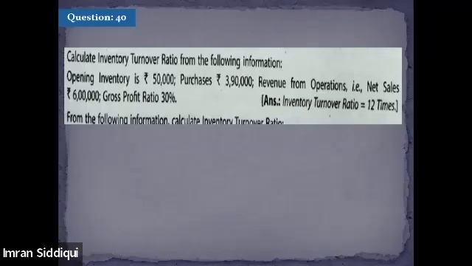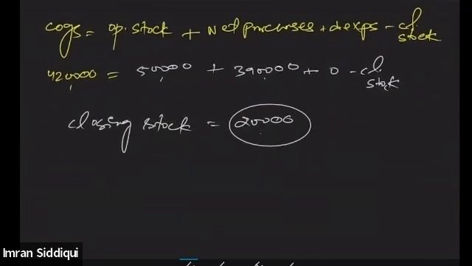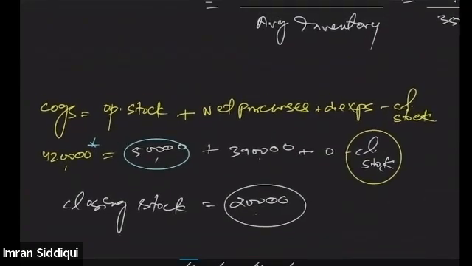To find the closing stock, we apply the formula of COGS: opening plus net purchase plus direct expense minus closing stock. We just found out the value of the COGS, 4,20,000. The opening stock of 50,000 is already given. Okay, understood everyone?